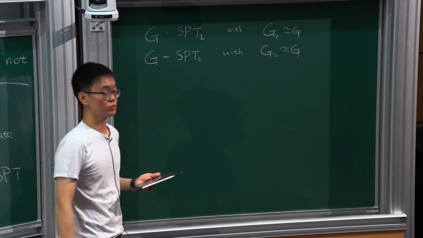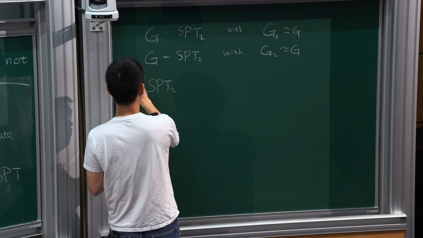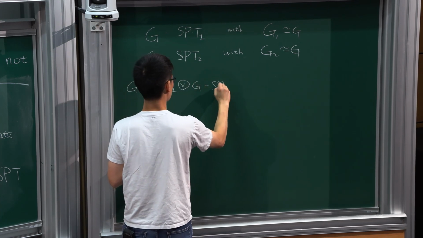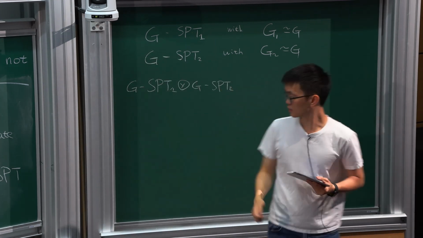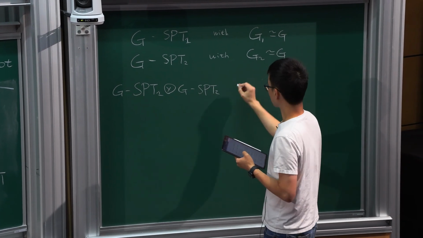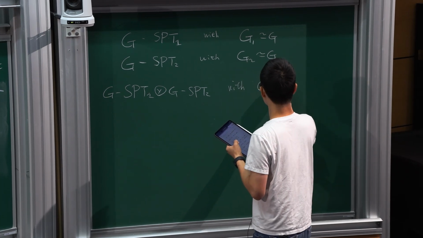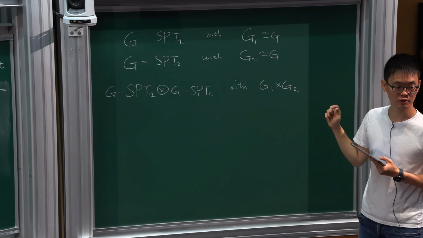Given these 2 SPTs, I can consider G SPT number 1 times G SPT number 2. You just stack them together. The tensor product theory will have G1 times G2 symmetry, where times means direct product.